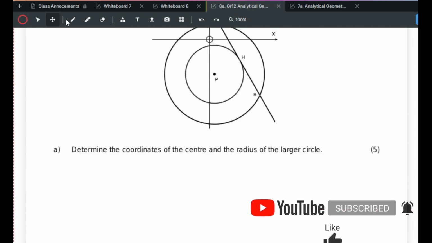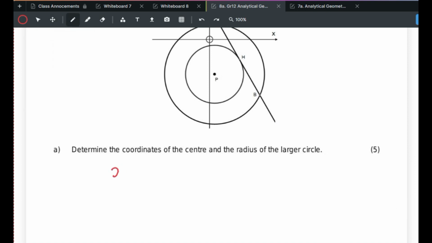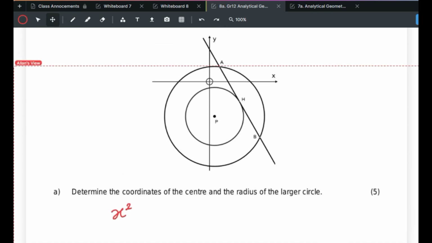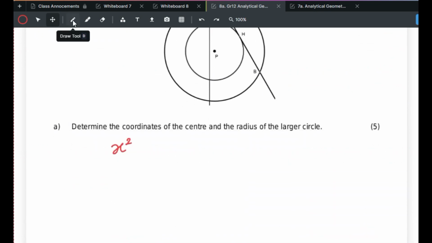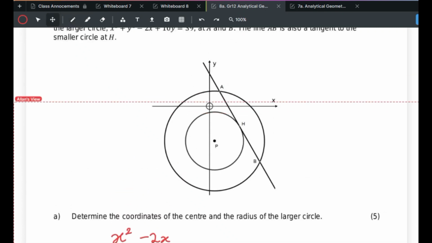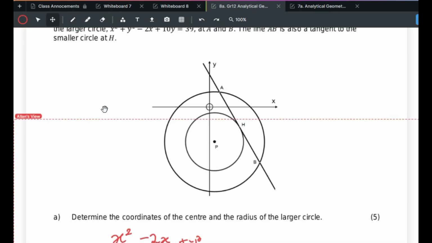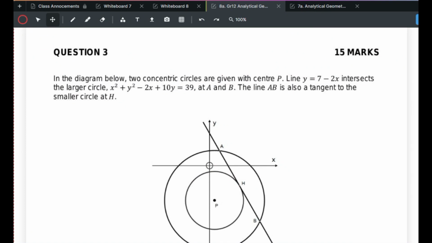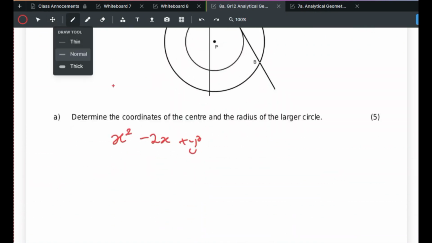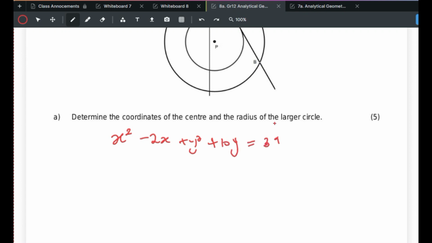So let's write that out properly. x squared minus 2x plus y squared plus 10y is equal to 39.